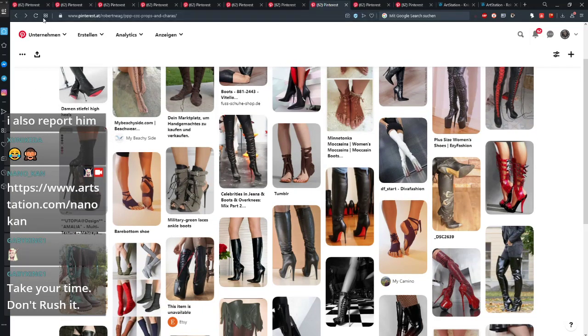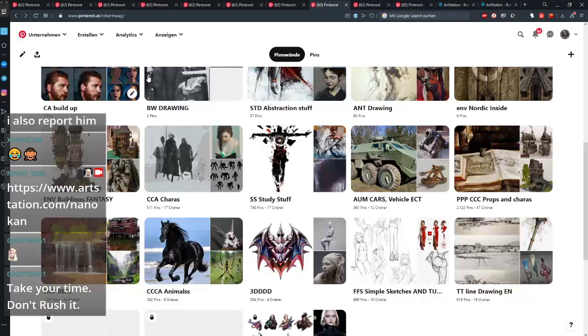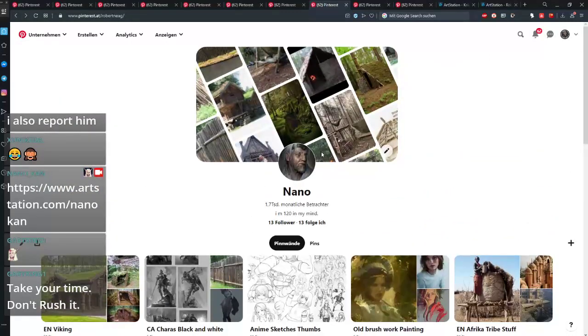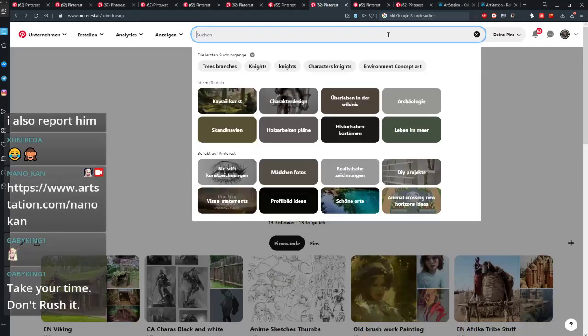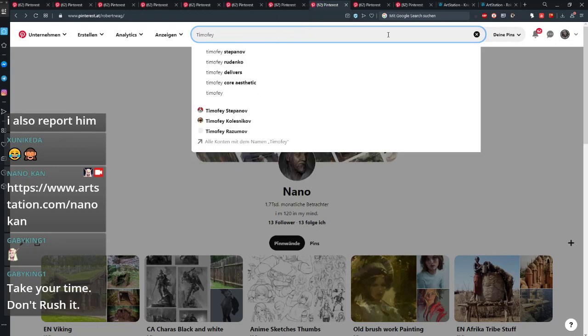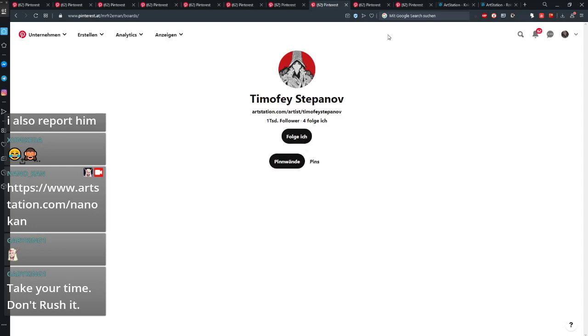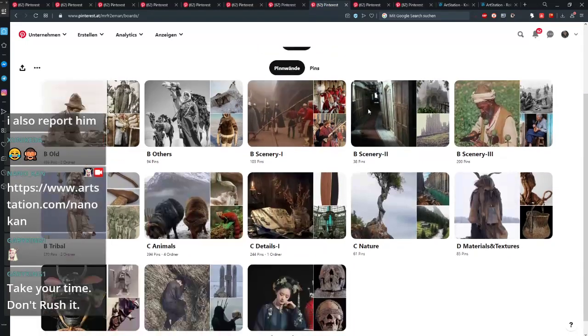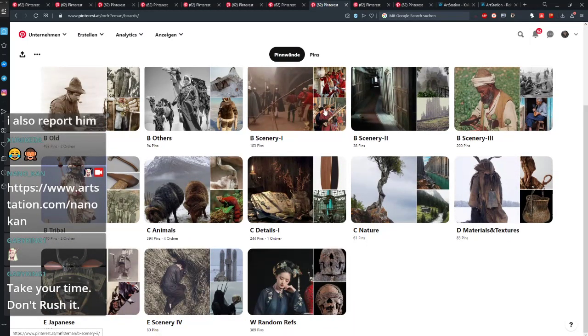There are a couple of artists that I actually recommend for the reference library. For example, Timothy has an amazing library in terms of medieval, and I think also sci-fi things. No, it's basically medieval historian things.